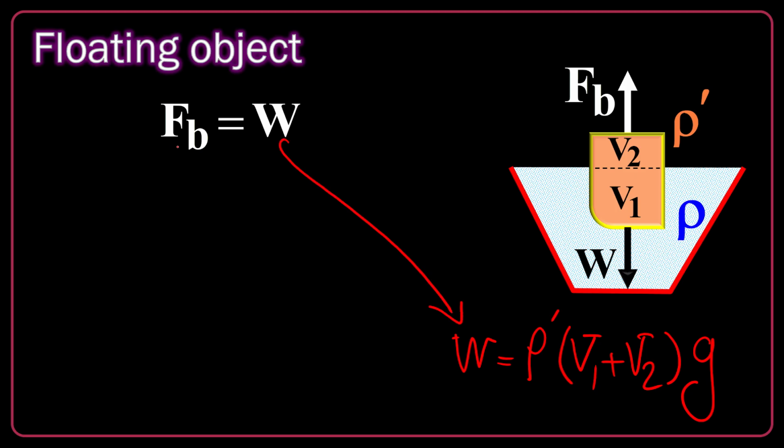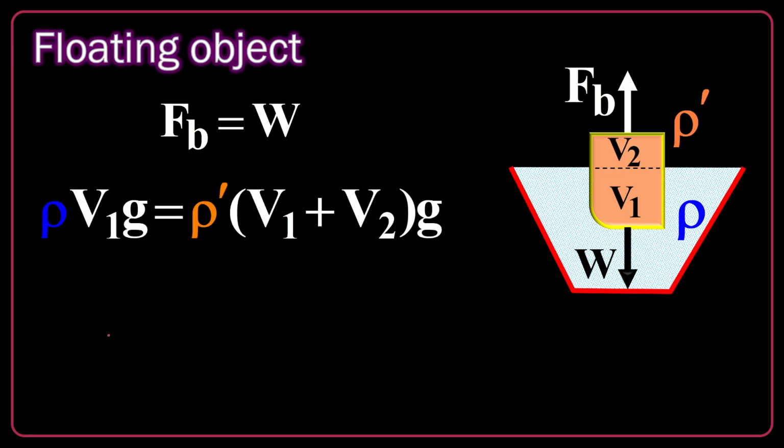Left side, the buoyancy force, is the weight of the displaced liquid. It's going to be mass of the displaced liquid times g. Mass of the displaced liquid is the density of liquid times the volume of the displaced liquid, which is expected to be V1. So I can easily substitute the values like that.